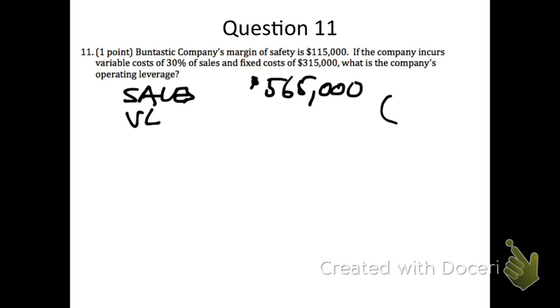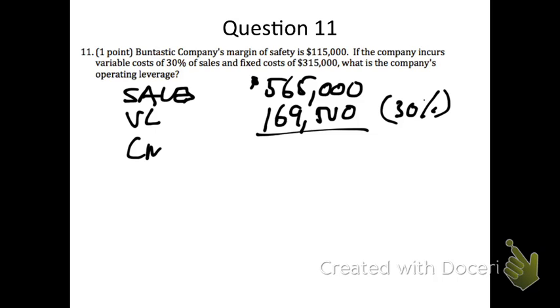Variable costs are 30% of that, which is $169,500, which means that the contribution margin is $395,500.